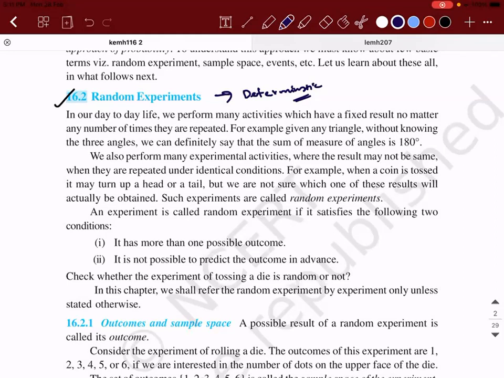It is an activity which you perform where you have a definite output or a definite outcome, right? So when you talk about the experiment, the prefix is random or deterministic. Random experiments are the ones where you're not sure of the output, whereas in deterministic experiments, you're sure of the output, that it is 100%, right?